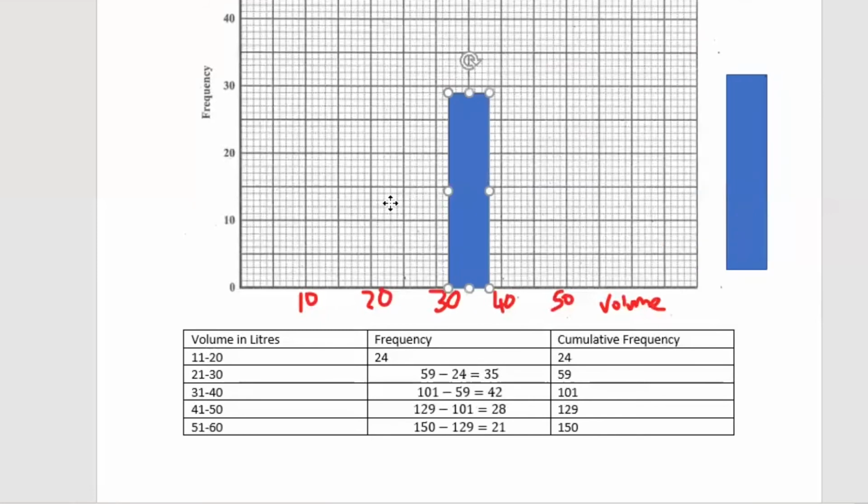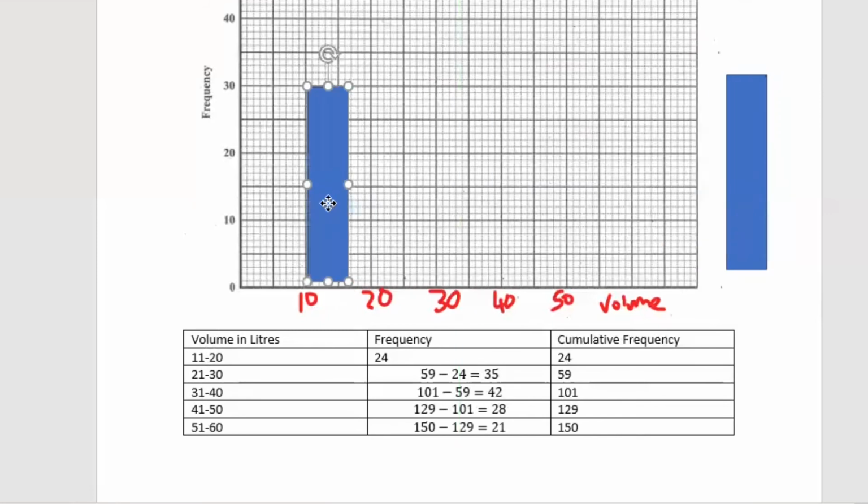So we're lining this up at 10.5, and the upper class boundary would be 20.5. So right here, 20.5, and we have a frequency of 24. So that would be our first bar on our histogram.